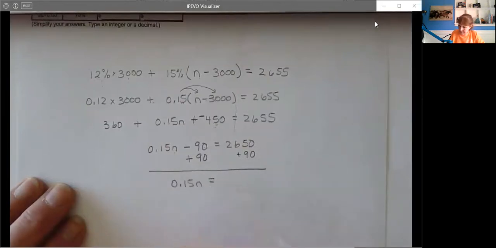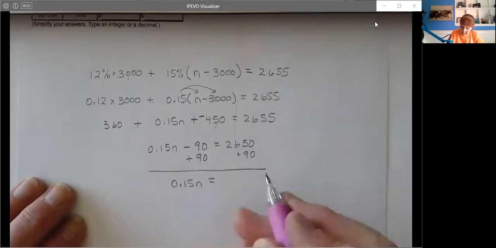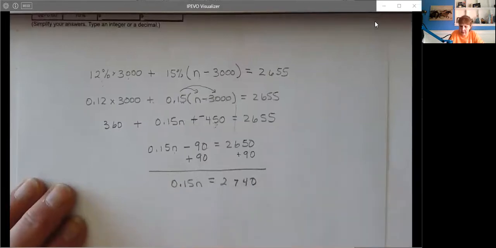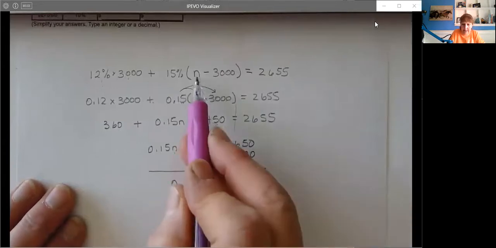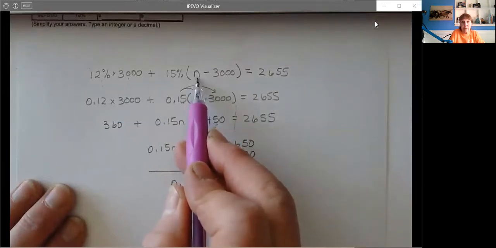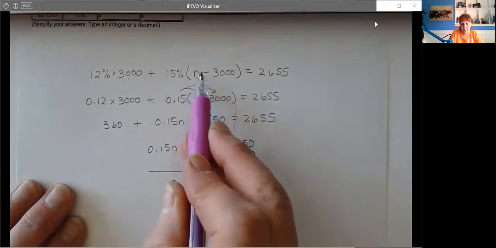0.15 N equals 2,740. Now to find out what our N is, remember N represents the sales, and this one will be positive. We know it's going to be over 3,000, just because of how the problem is set up.